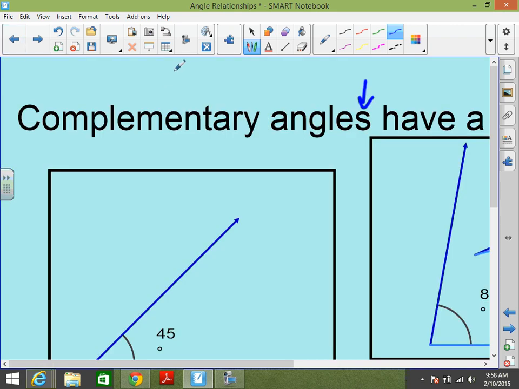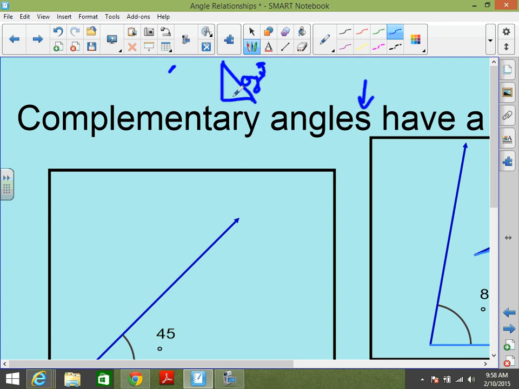This is what I've seen on some people's project. They've turned in a picture that looks like this. It's like some type of wedge or ramp that a bicycle can go up. Okay? That's their complementary angle.